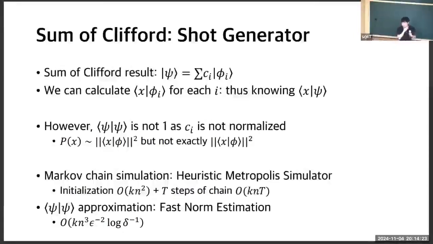As this is a probabilistic simulation, there are error tolerance parameters, and delta is the tolerance for not being right, like the difference between the ground truth and the sample value.